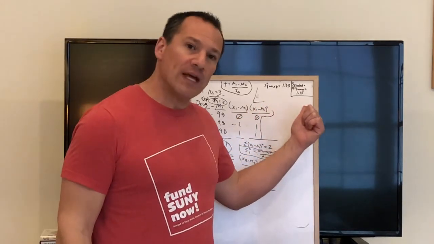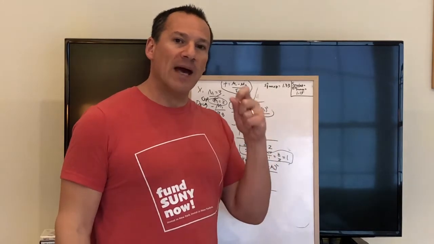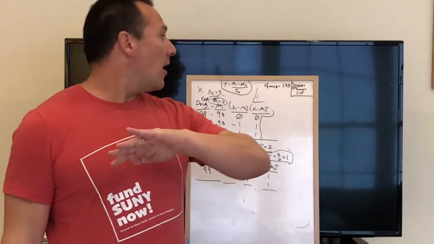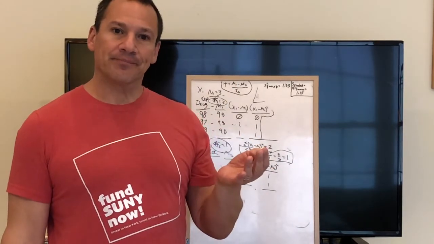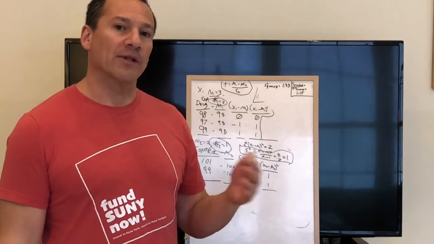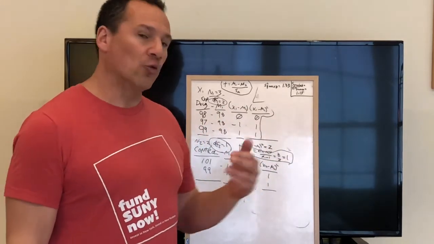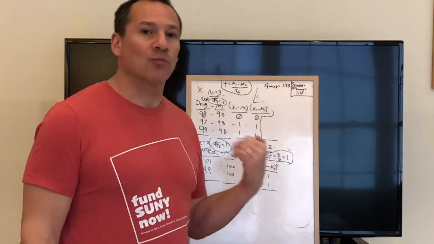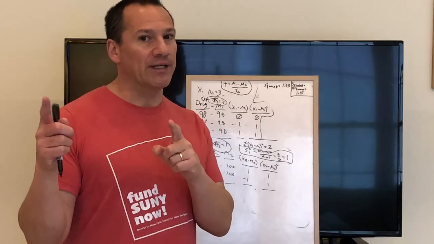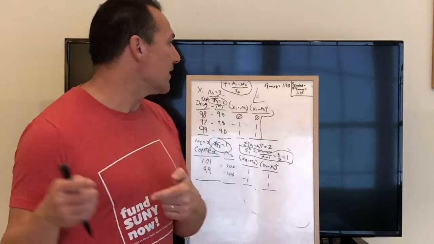S pooled conceptually is our mathematical best estimate of population level standard deviation in temperature across both populations. So while it's not going to be used for our t-test, S pooled is conceptually meaningful, and we will use it for our Cohen's d, which is our index of effect size, in a little bit.